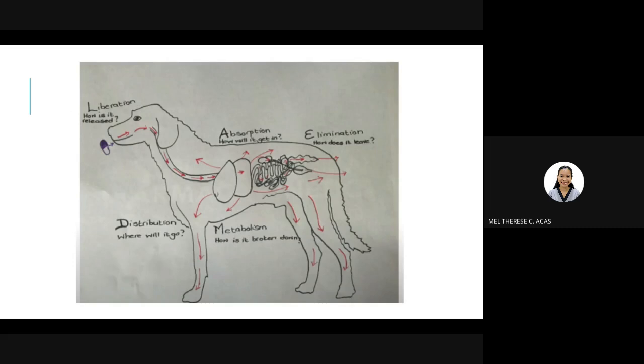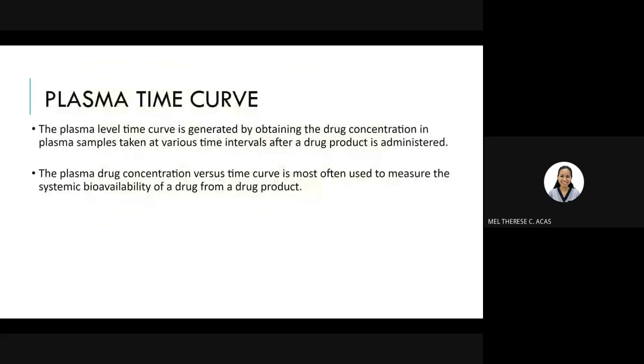In this next picture, it is easy to understand: liberation is how the drug is released; absorption, how the drug will get in; distribution, where will the drug go; metabolism, how it will be broken down; and elimination, how does it leave. This is a guide question for understanding the pharmacokinetic process.